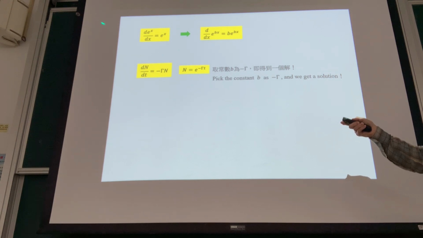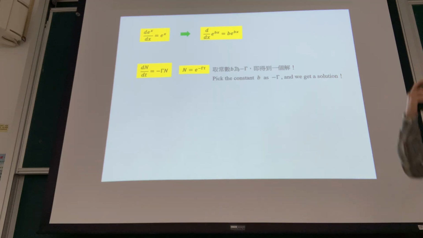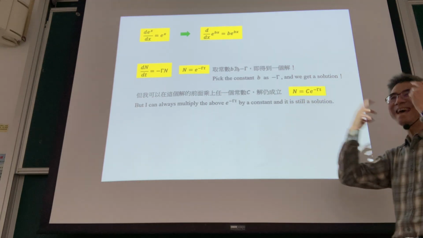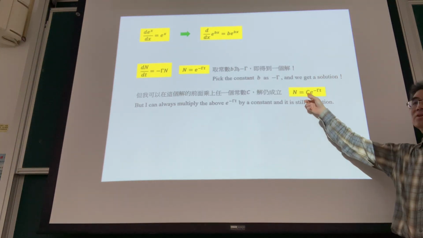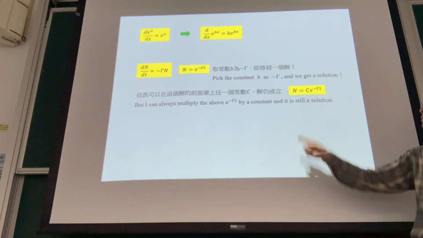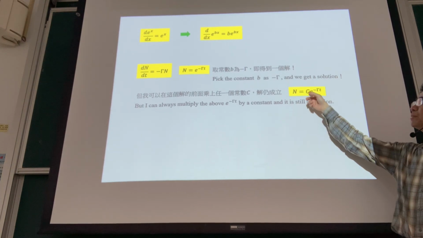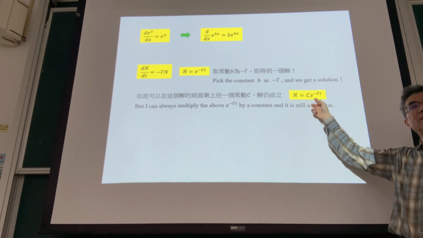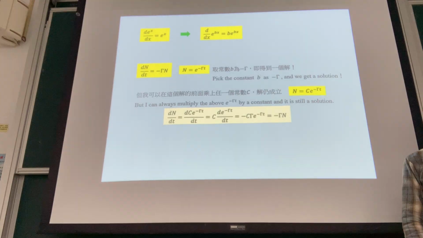But unfortunately, this is not the only solution we will get by guessing. You can guess again. Why could we not multiply the exponential function by a constant, c? Remember, when I multiply the exponential function by a constant c, it actually satisfies the same equation.